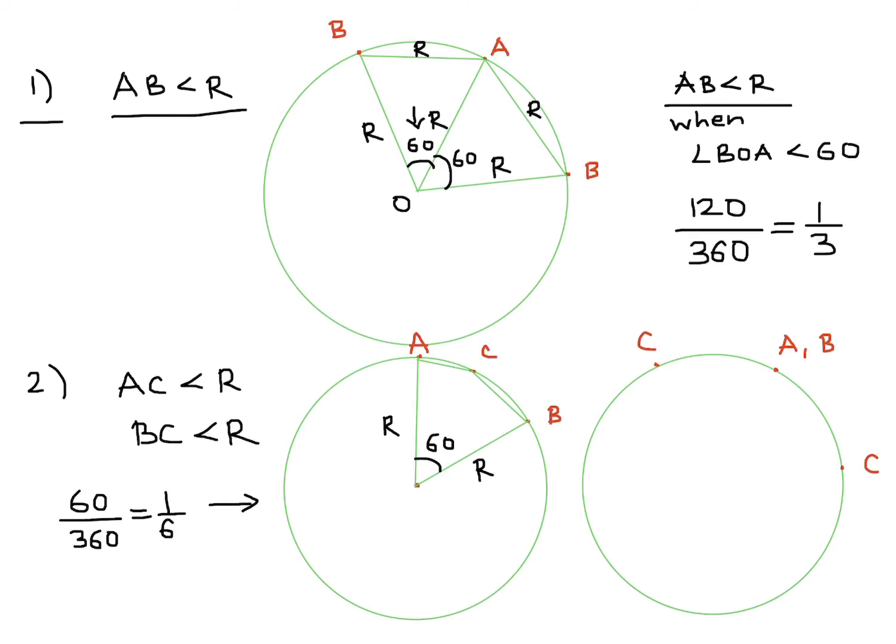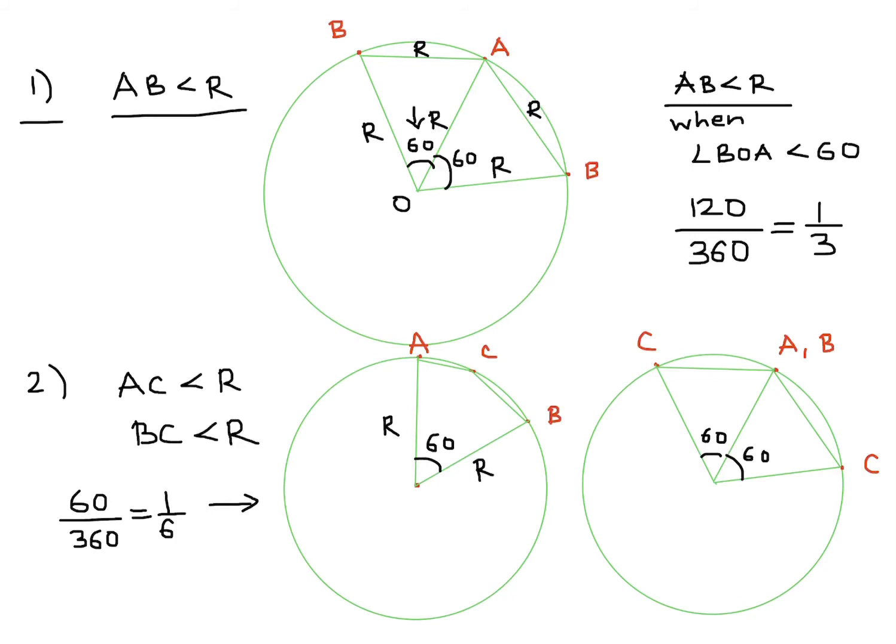When you have that scenario, you get a line from the center to C and just one line to AB because A and B are on the same point. Now, very similarly to the first scenario, this angle has to be 60 degrees and this angle has to be 60 degrees. That is the only way that you can create the absolute boundary for where C can be.